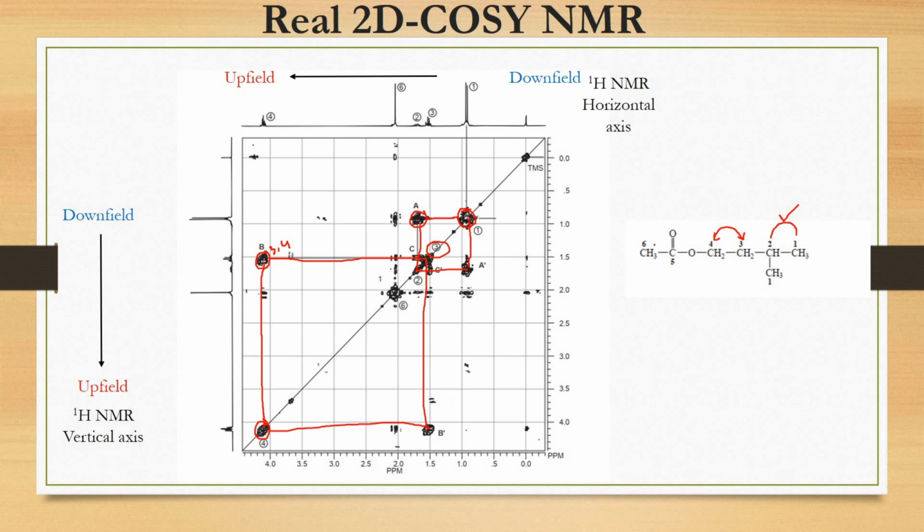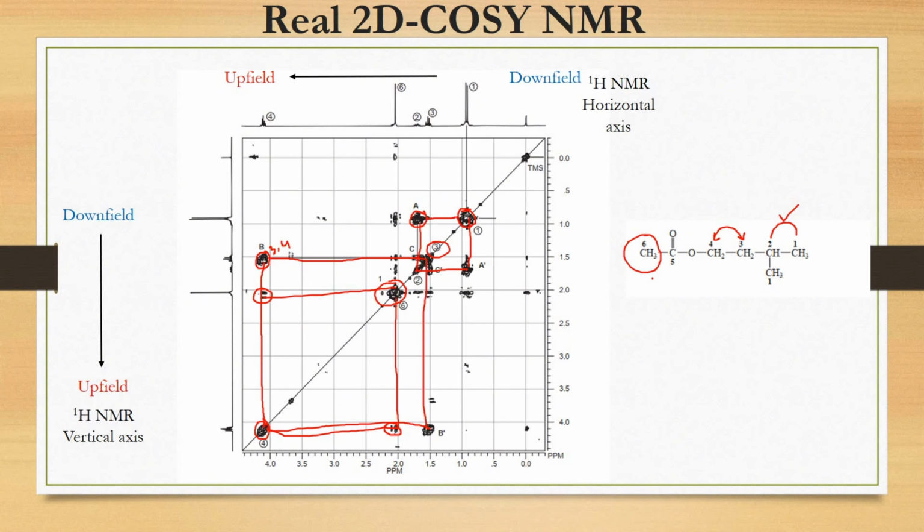Okay, what about proton 6? Because there are no neighboring protons, right? So let's look at 6. This is the peak 6, and now you see that there is a very small weak peak, right? Across the diagonal also I can see that. What does it mean? If you connect, it is forming the square also, right? But there is no hydrogen in the neighbor.